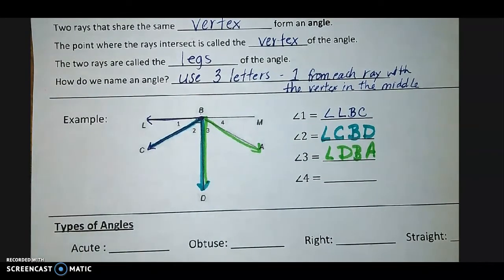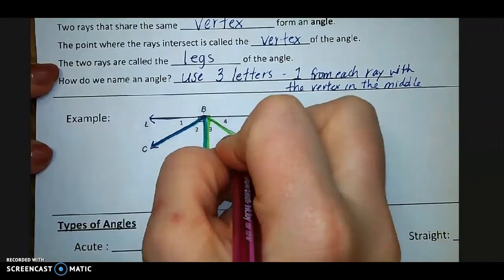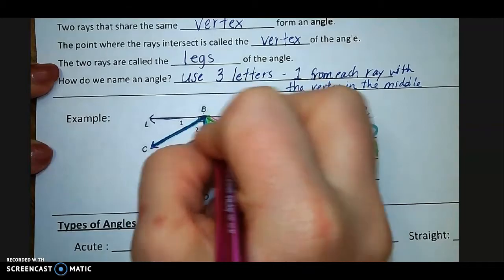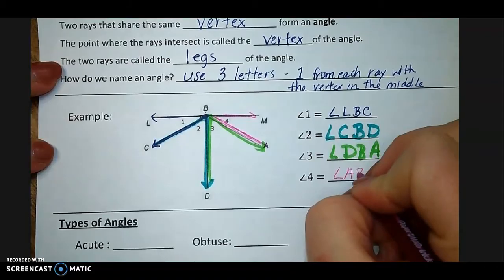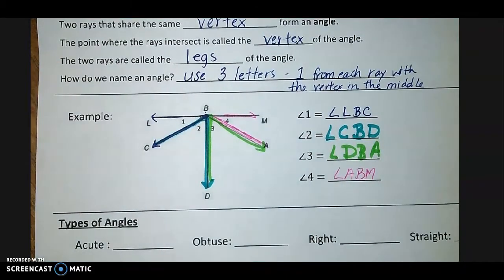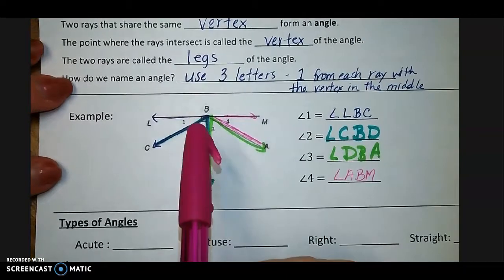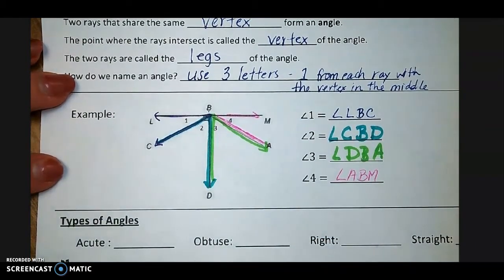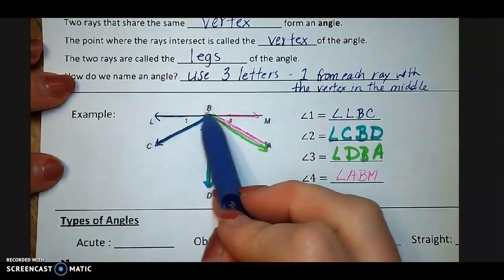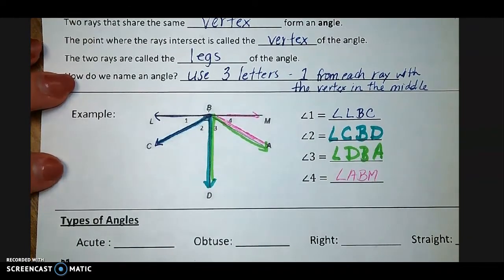And then our last one there is going to be angle ABM. So once again, we've seen two different ways to name the angles. We can name them with the letters, and then you can see how they've numbered them as well. So if it's talking about angle 1, well, it's talking about angle LBC. Those are the same thing.